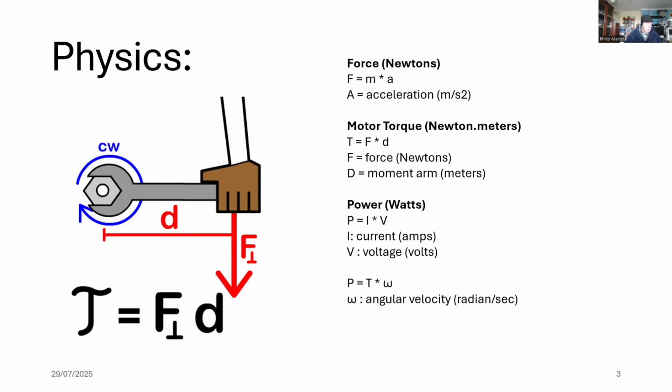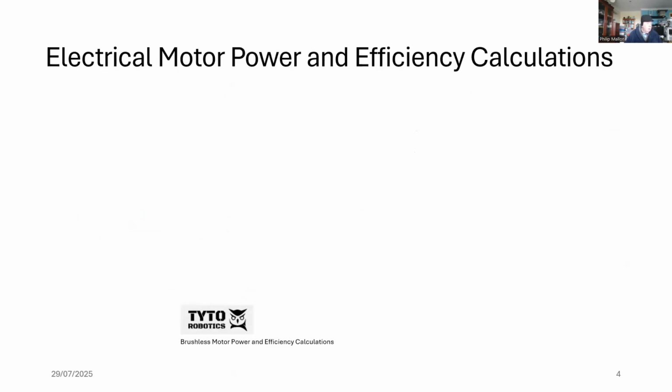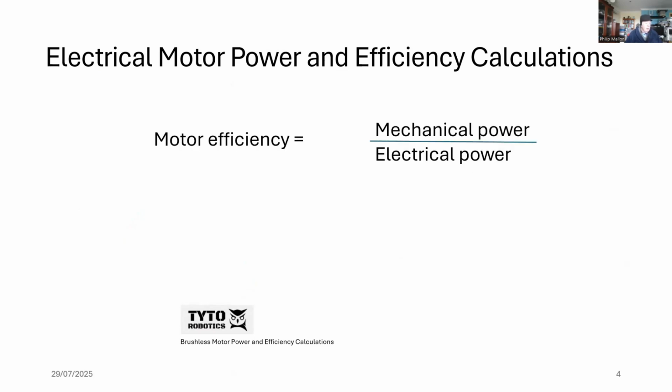And the power that we use to do all that, if it's coming from a battery or an electrical power supply, is current times voltage. The power in the mechanical world is torque times angular velocity. If we relate these to electrical parameters, the motor efficiency is the mechanical power over the electrical power.